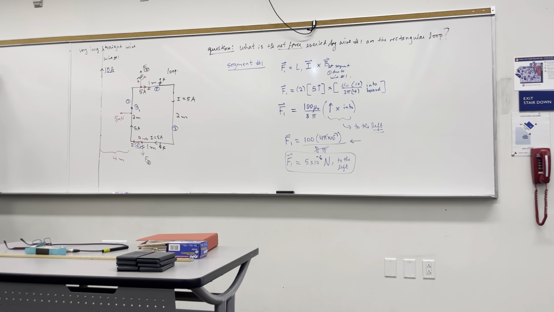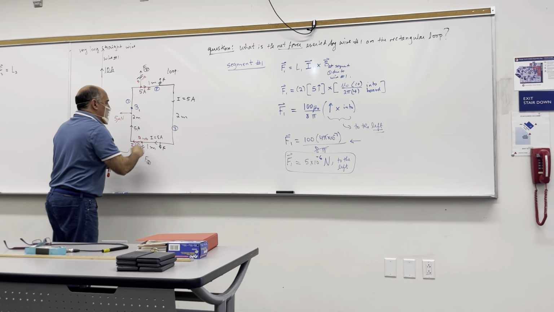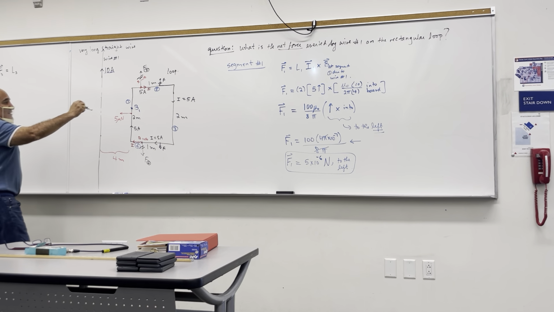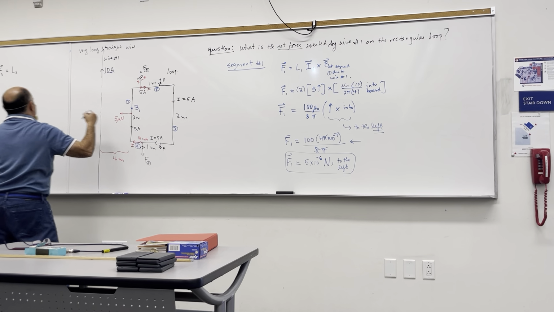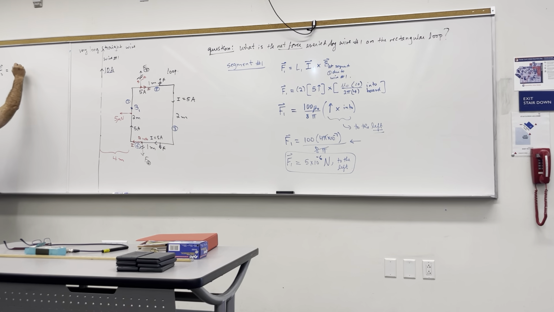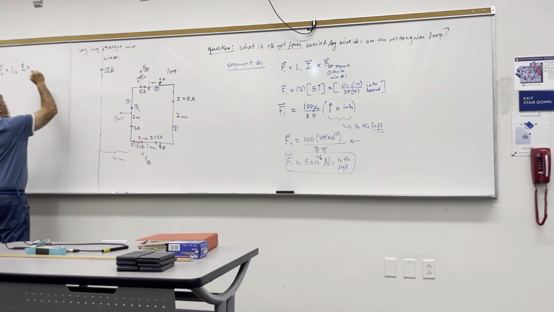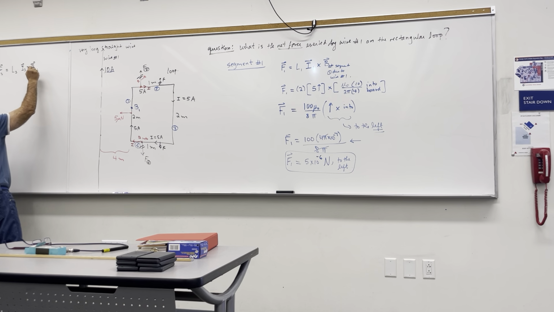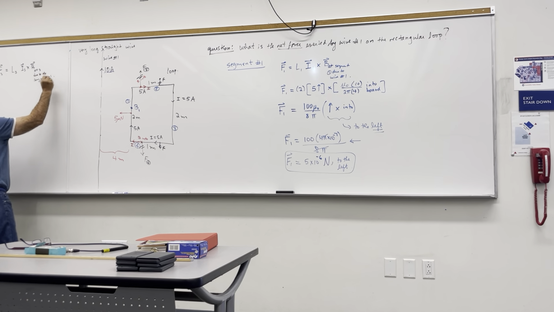The force on segment number 3 will be the length of segment number 3 times the current in that segment, which is I3, cross the magnetic field at 3 due to the long wire number 1.